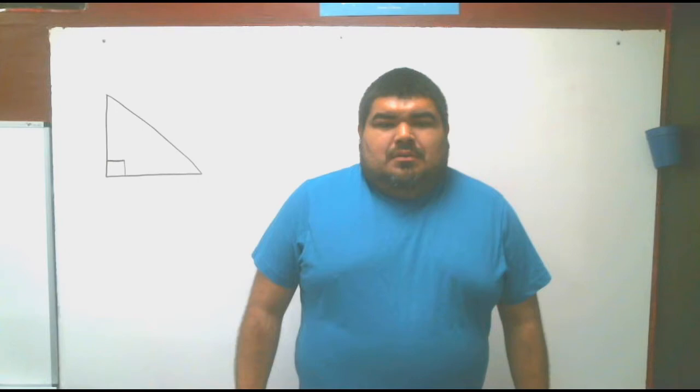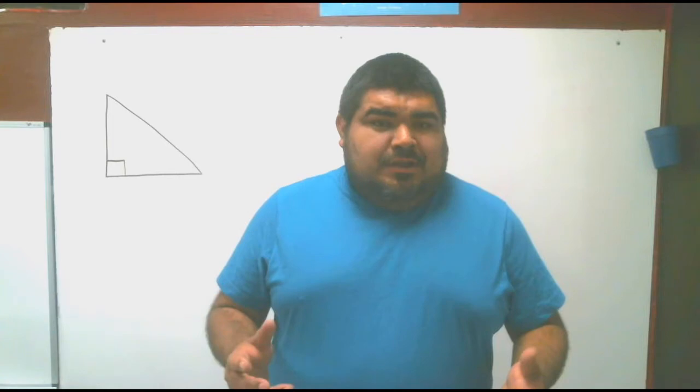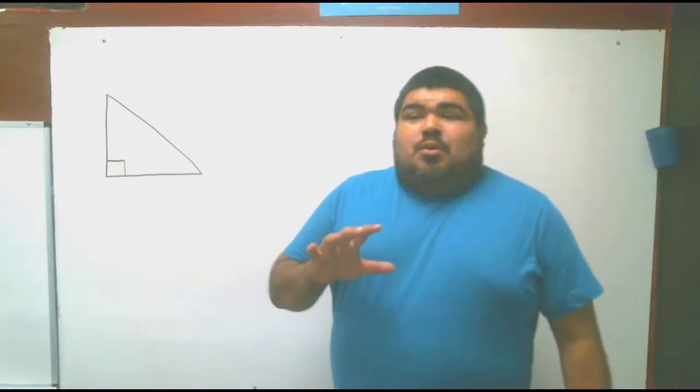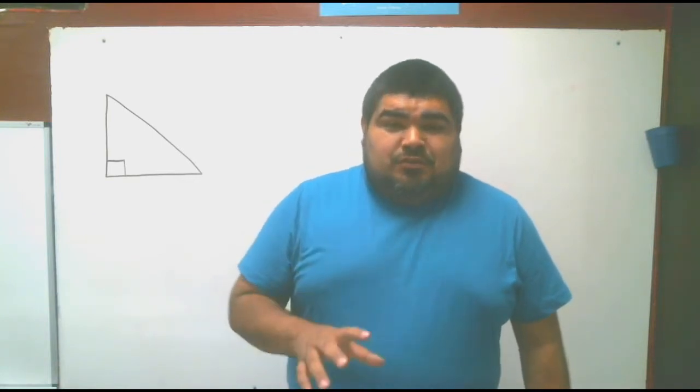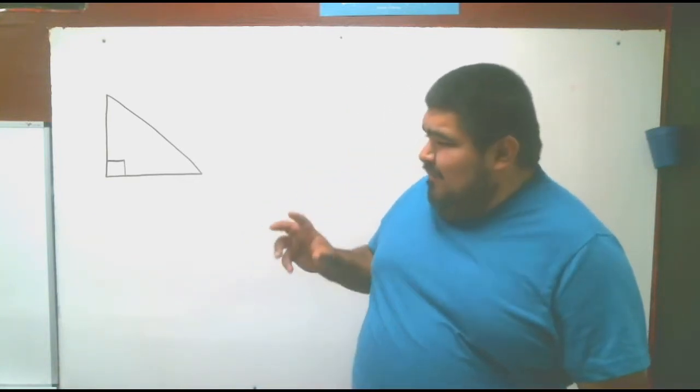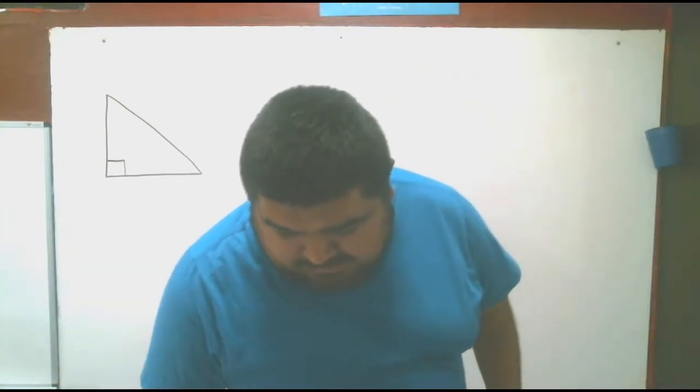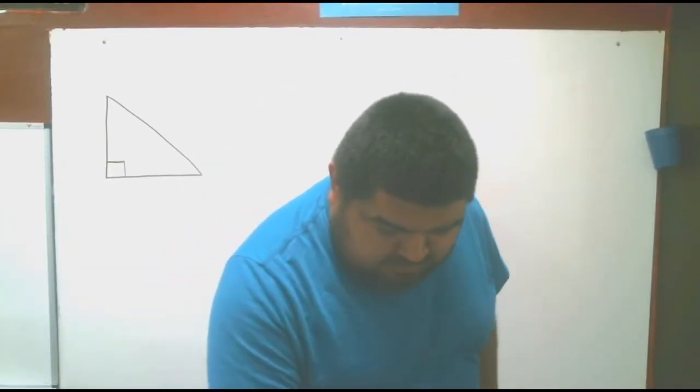Today, we're going to be working with right triangles. Notice I have a right triangle here on the board. Today, we're going to deal with two types of right triangles. The very first one is 45, 45, 90.